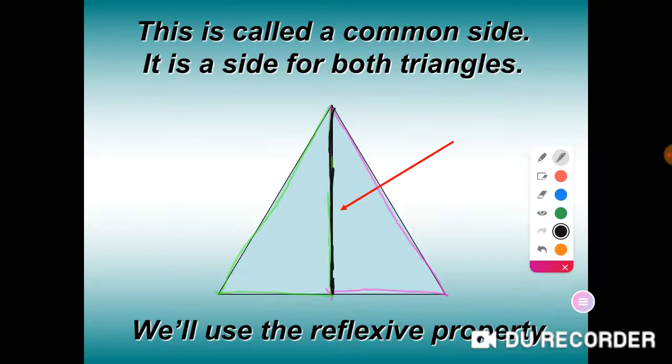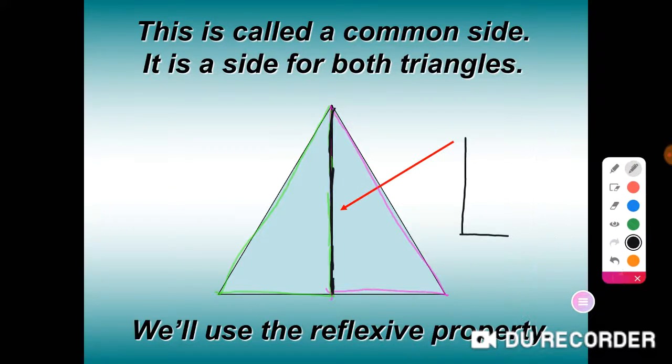So make sure that if you have a common side between two triangles, you redraw these two triangles separately. So let's try to do it. Let's sketch them. This is the one on the right, and this is the one on the left.